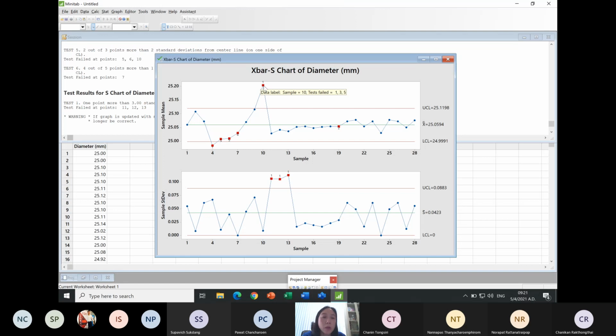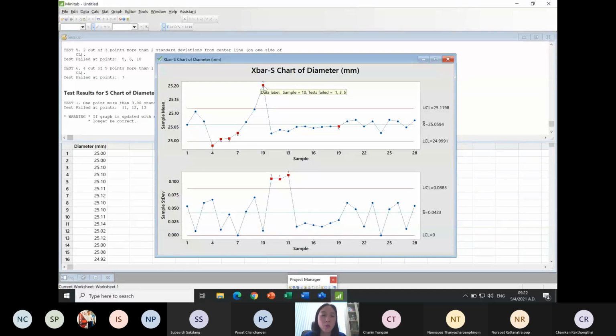If you click on that point, you will see it says sample equal to 10, and test failed is 1, 3, and 5, so actually that point violates 3 rules at the same time, but Minitab will write down only 1 rule, the first rule that it violates.